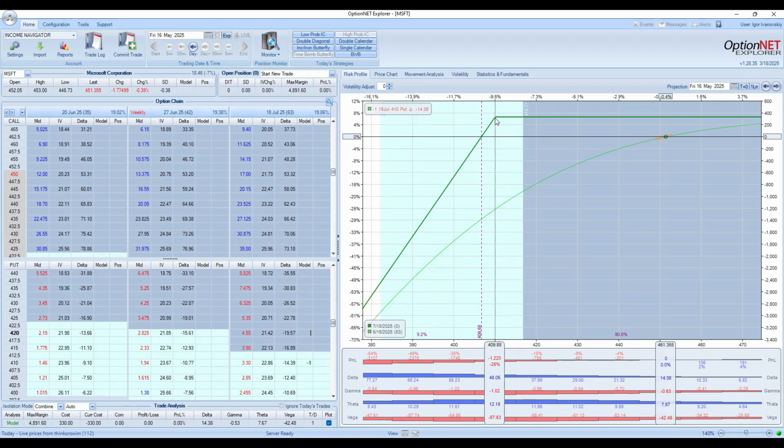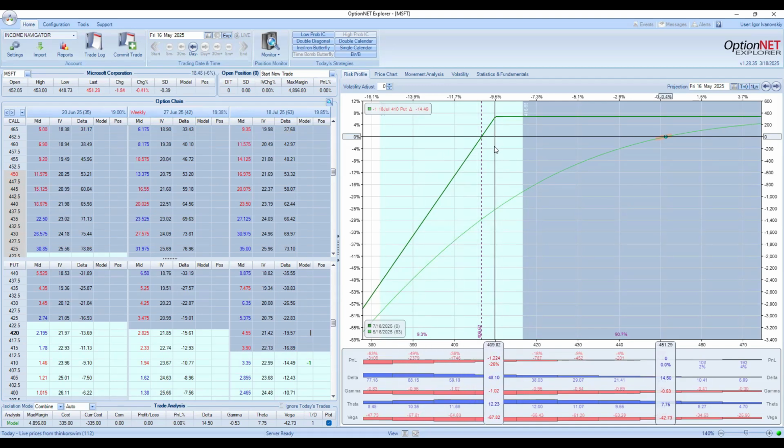So you're getting whatever T bills are paying you, plus you're also generating a 4.5% return. This is annualized, so it's not 4.5% every 63 days, but it's not a terrible deal.